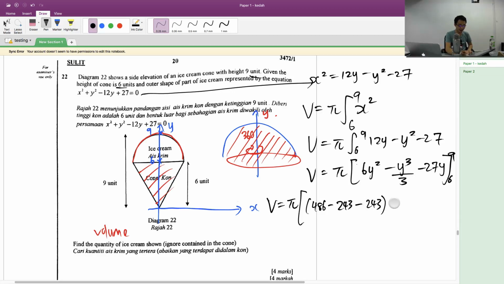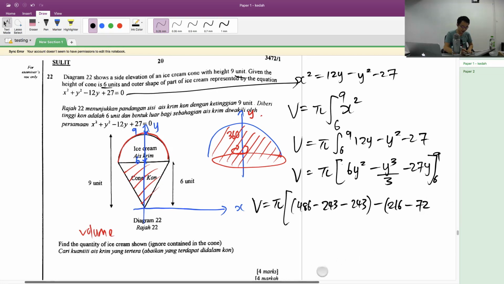And then minus, I substitute 6 into here. This one is 6 multiplied 36 is 216. Alright, this one is 216 divided by 3 is minus 72. Then the next one will be 27 multiplied 3 minus 81. Okay, then I close the bracket.